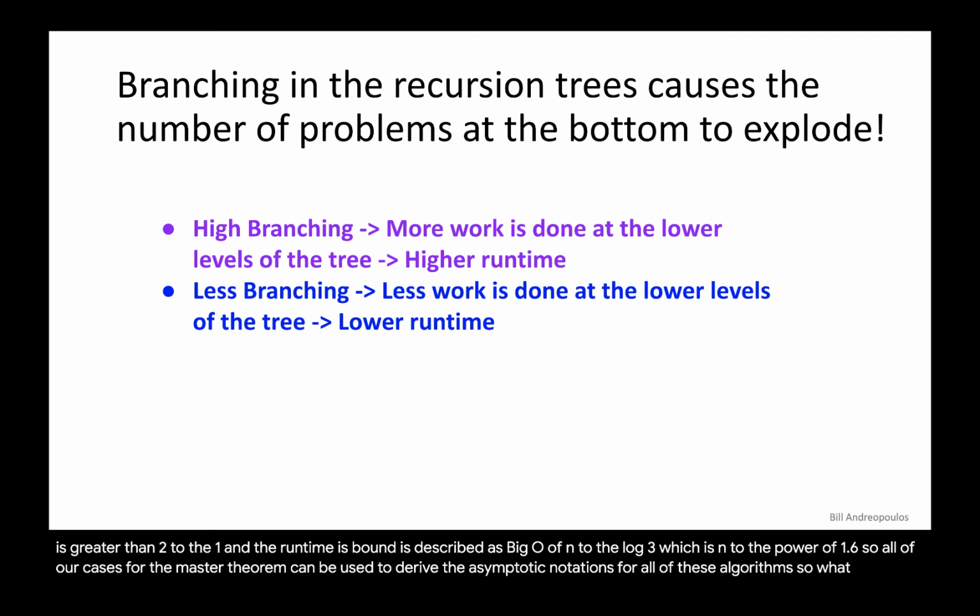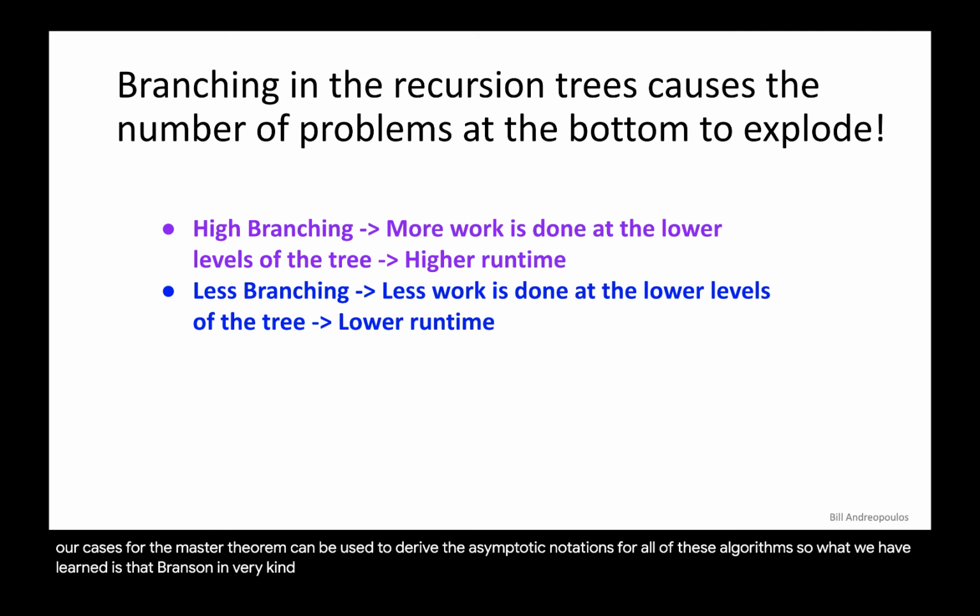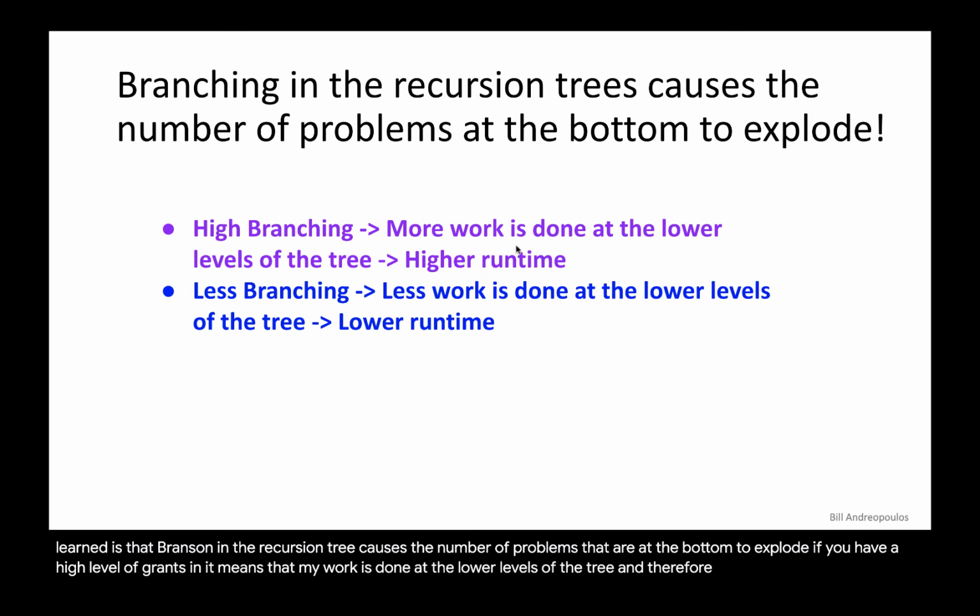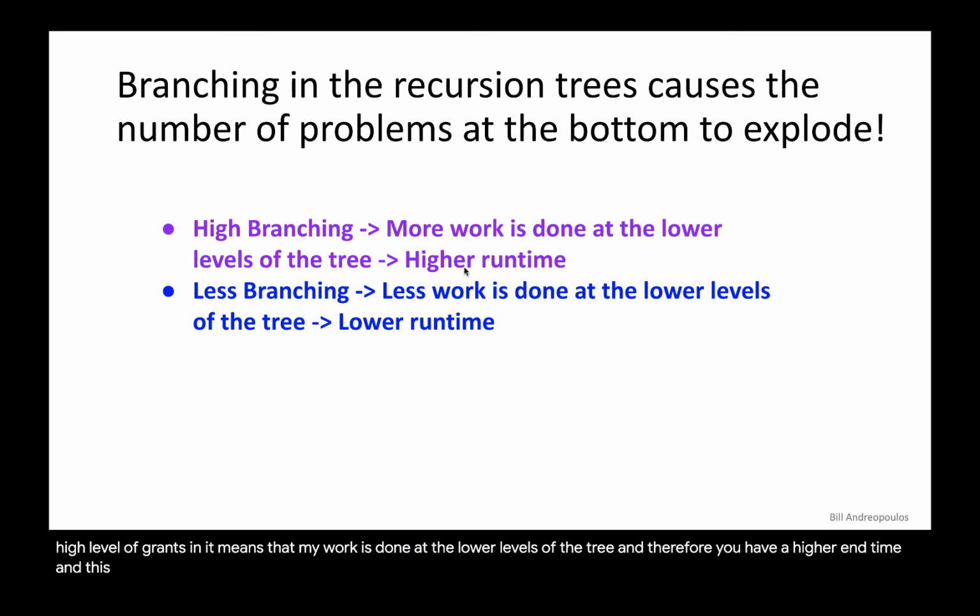So what we have learned is that branching in the recursion tree causes the number of problems at the bottom to explode. If you have a high level of branching, it means that more work is done at the lower levels of the tree, and therefore you have a higher runtime. This is the case where your runtime might be quadratic or even cubic.